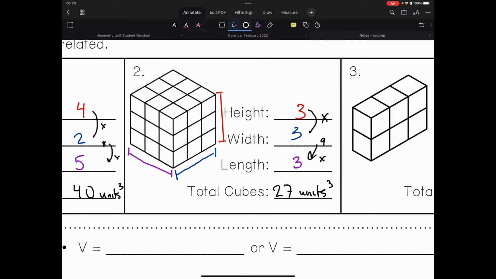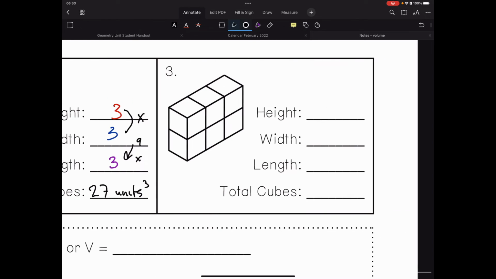So the way that we're doing it here with the formula of multiplying the height, the width, and the length together, that's going to be the most efficient way to do this. Because not every shape is going to have these cube units for you to look at and try to count. And some shapes are going to be complex.